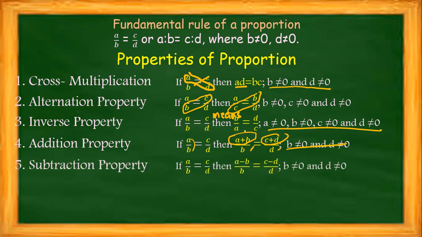It is almost the same as the addition property. All you have to do is subtract the denominator from the numerator. A minus B divided by B, equals C minus D divided by D. And denominators, again, are not equal to 0.